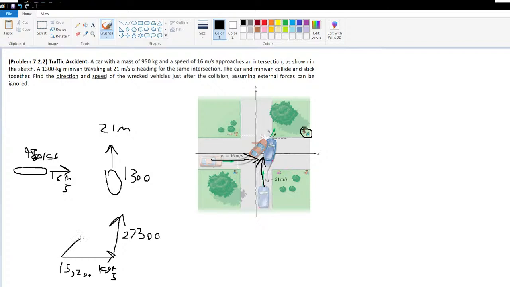Because these are at right angles, this one's just this way and this one's just this way, it's my favorite shape, a triangle. And we can use good old a squared plus b squared equals c squared to find the magnitude of our resulting momentum.